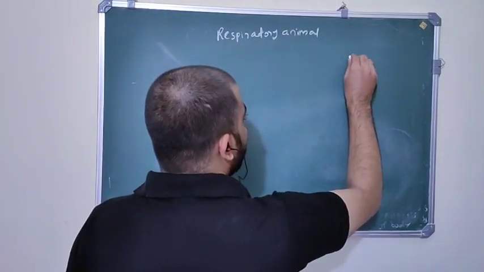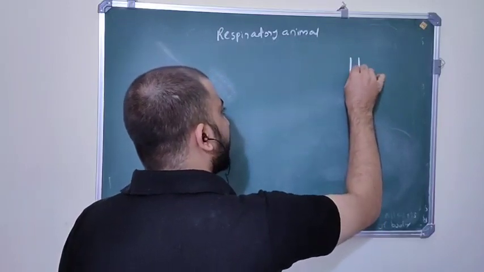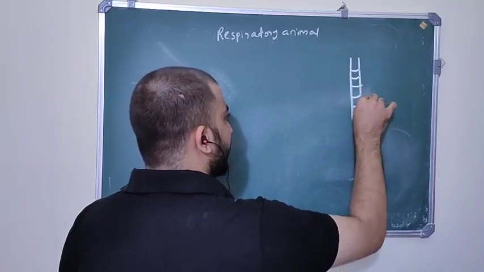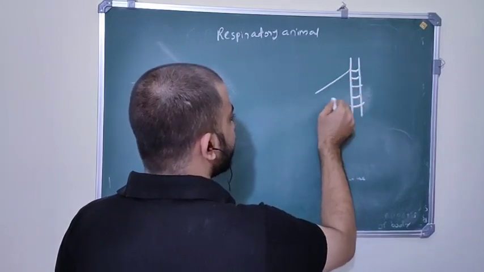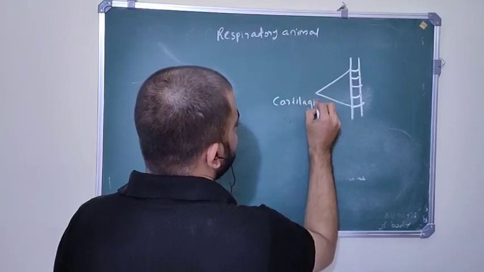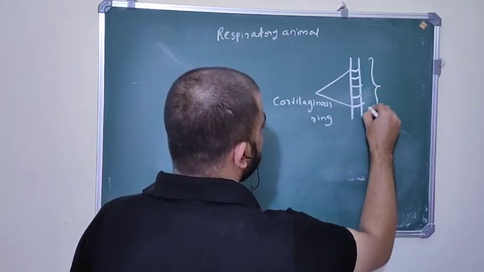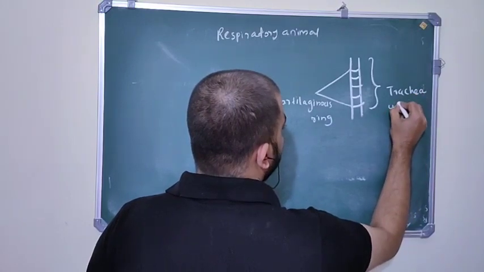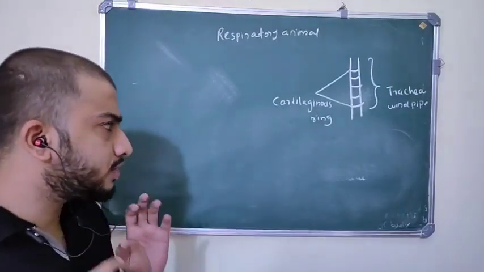First of all, this is our trachea or windpipe. This trachea is supported by rings, and these rings are made up of cartilaginous tissue. These are cartilaginous rings. What is the use of these cartilaginous rings?